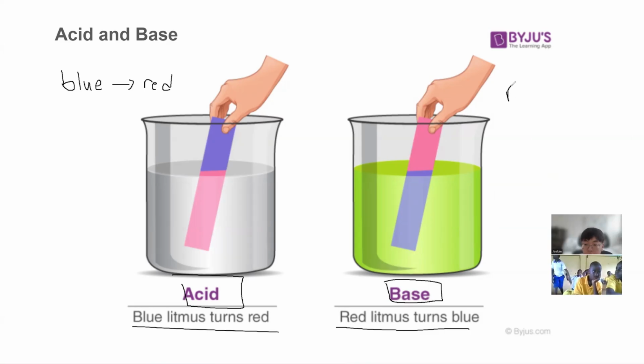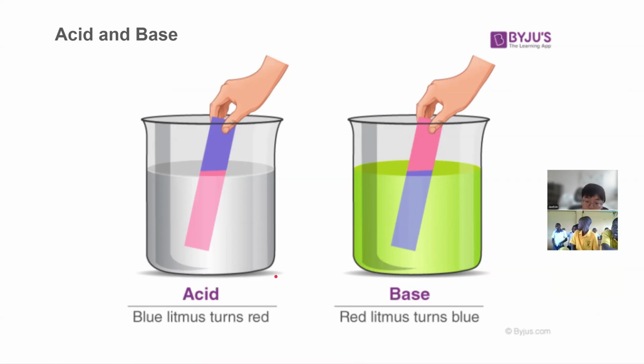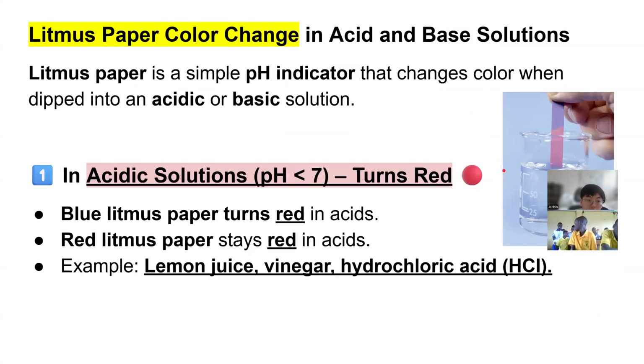In a base, red litmus paper becomes blue. So again, in an acid, blue to red. In a base, red to blue.